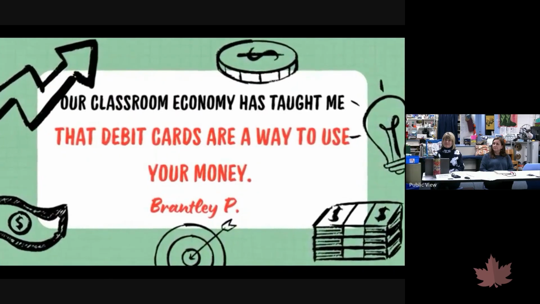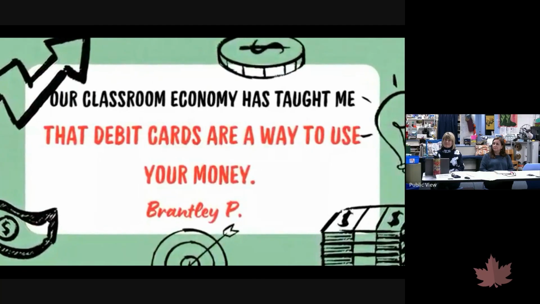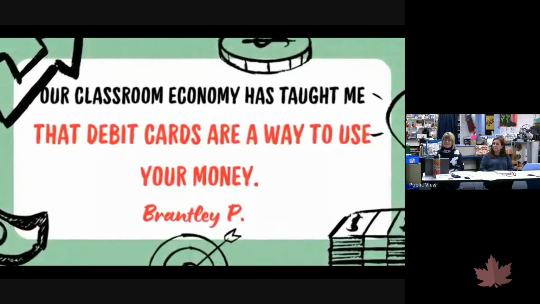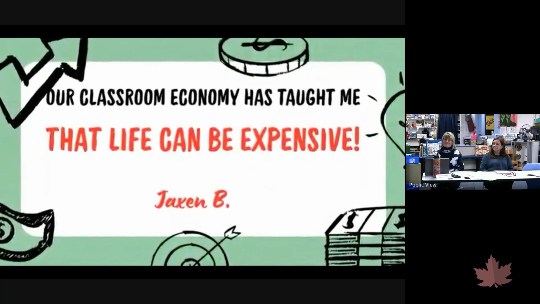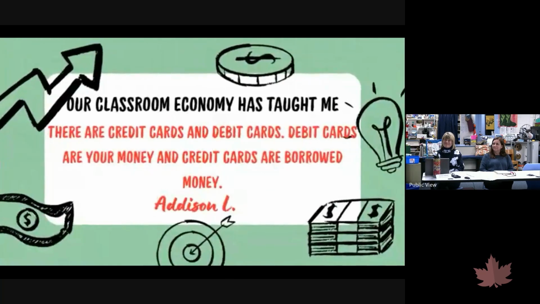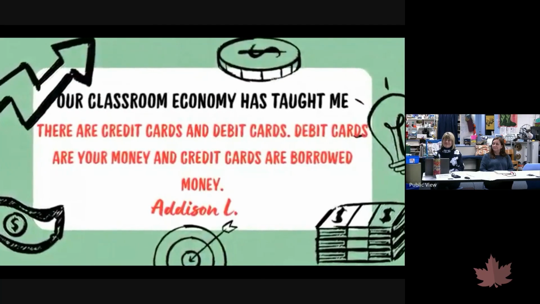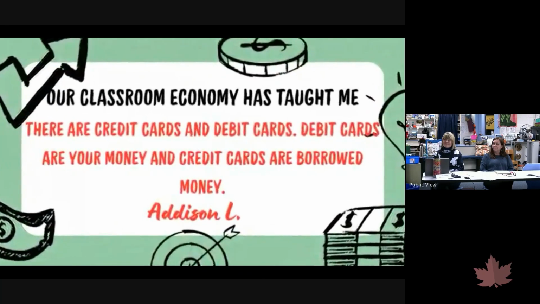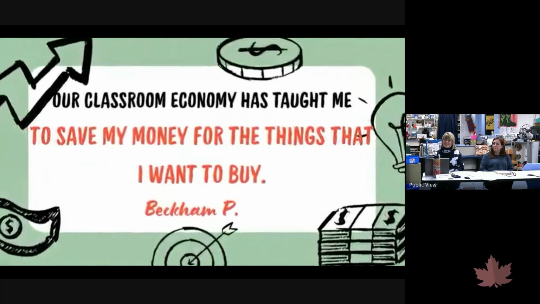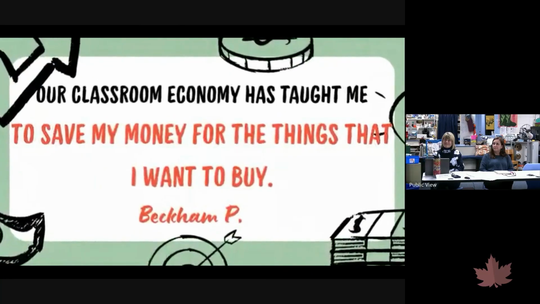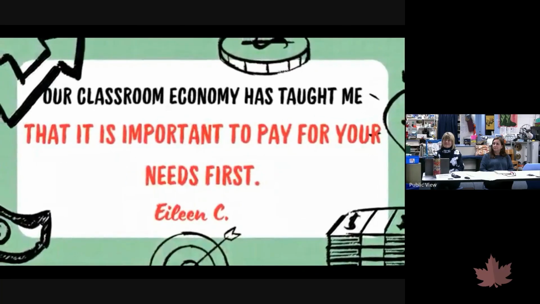Hi, my name is Beckham. And I'm Aaliyah. Our classroom economy has taught me that debit cards are a way to use your money. And that life can be expensive. There are credit and debit cards. Debit cards are your money and credit cards are borrowed money. To save money for the things that I want to buy. That is important to pay for your needs first.